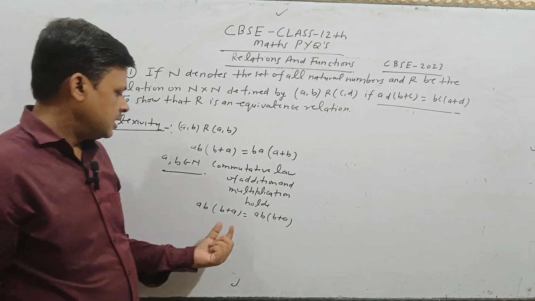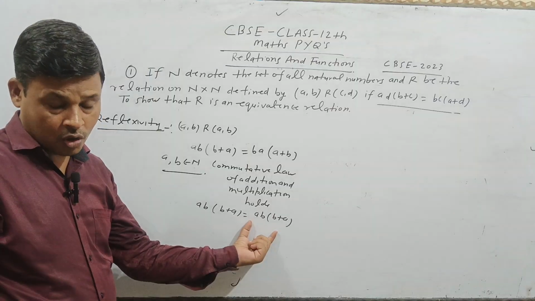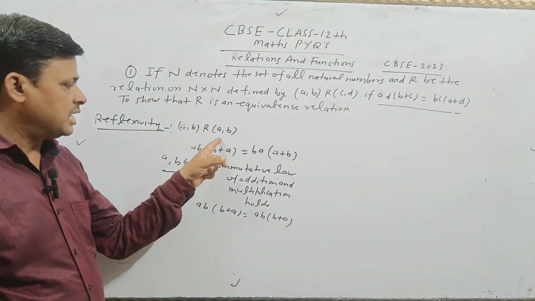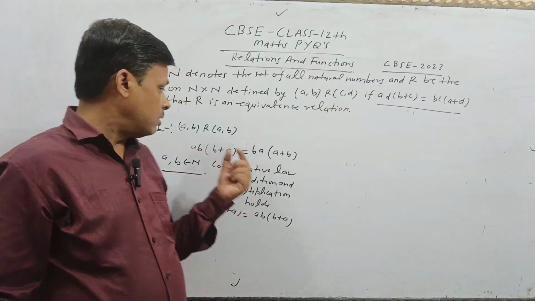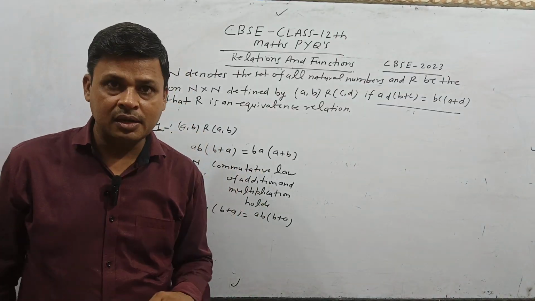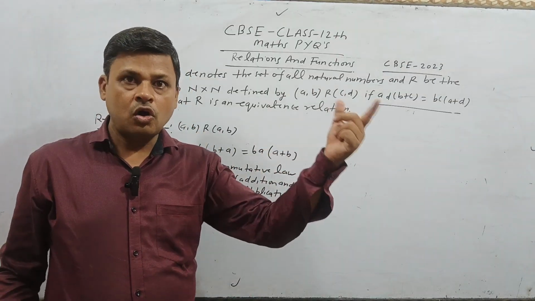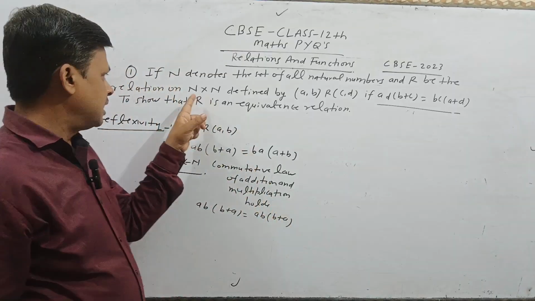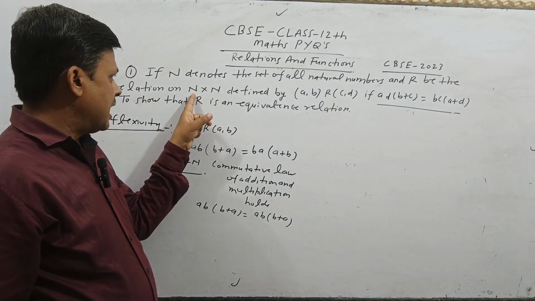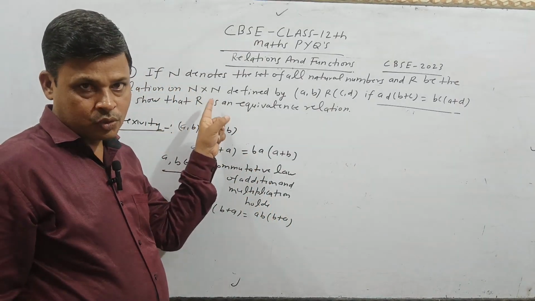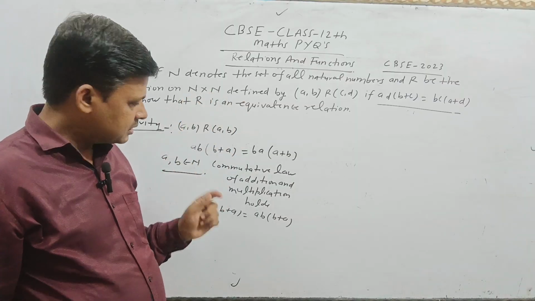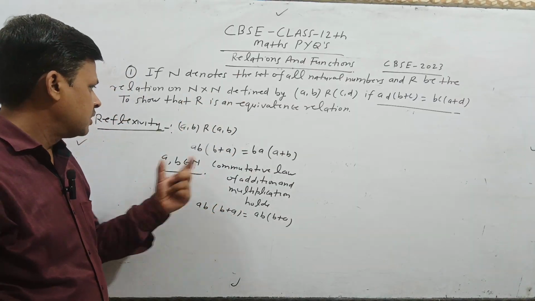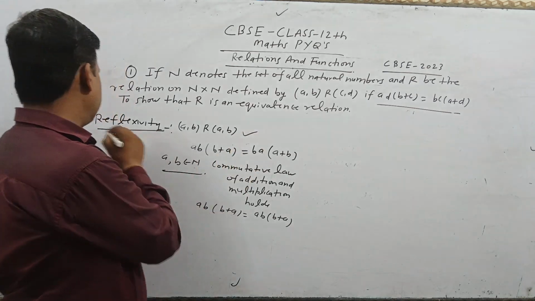So this is the same. It is equal to this. It is obvious. So (a, b) definitely relates to (a, b). And as (a, b) is an arbitrary ordered pair, it is true for all other ordered pairs which belong to the set N × N, the Cartesian product of the set of natural numbers. So that's why this relation is reflexive.